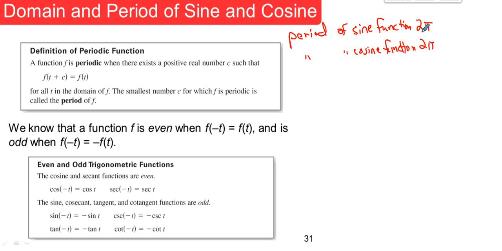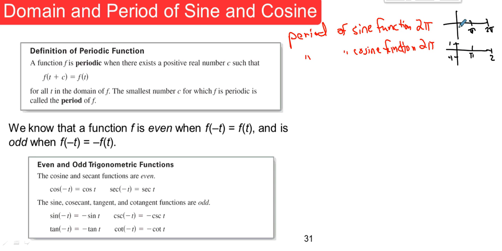And then maybe think about in your past, you've maybe drawn these over periods, and we'll just put it in there. The period goes to 2 pi, so this is pi, and this is 2 pi. And they oscillate from -1 to 1.